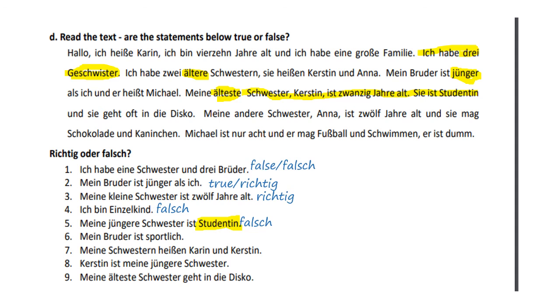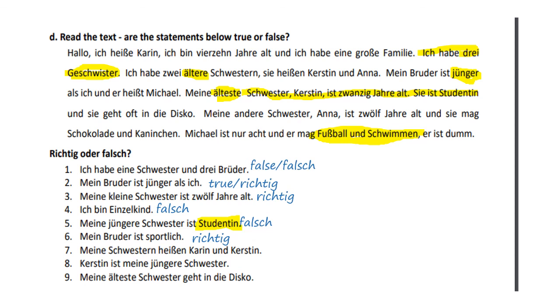And the next one, mein Bruder ist sportlich. Sportlich, very similar to the English there as well, is sporty, okay. Das ist richtig, that's true, and we see that because it says at the bottom, Michael ist nur 8 und mag Fußball und Schwimmen, okay, and they're both sports. So hopefully you work those out as well.